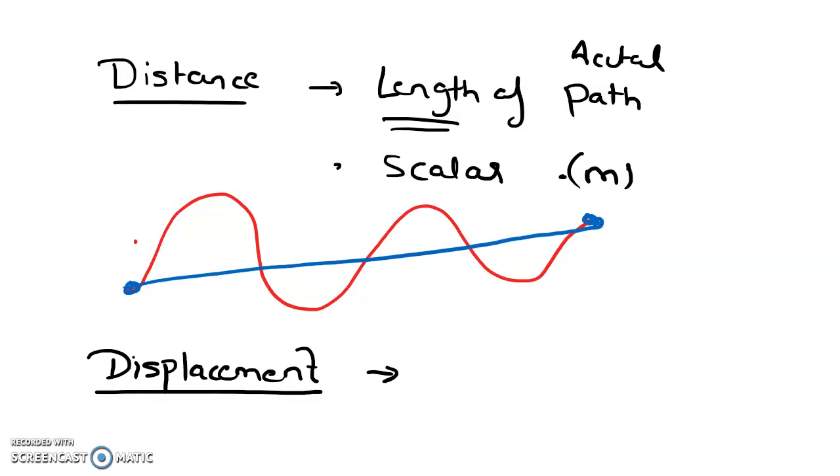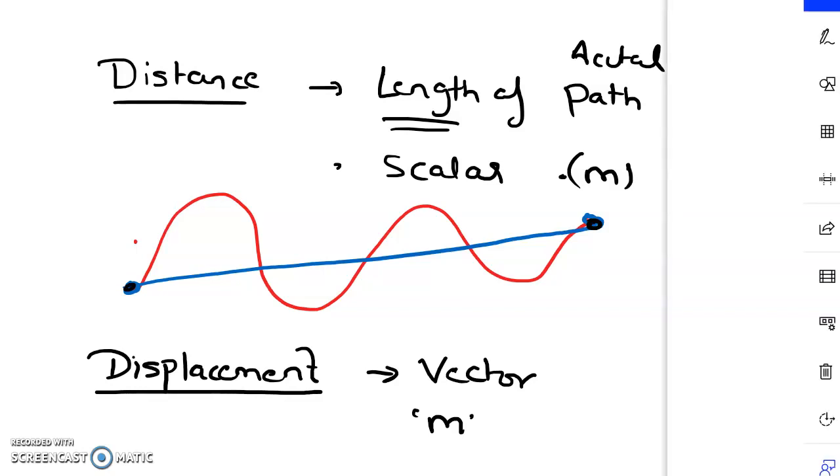So it is the straight line path, the length of the straight line path joining the initial position and the final position. It is a vector quantity, and as it is a length, the unit is again meter. I hope you understand the difference between distance and displacement.